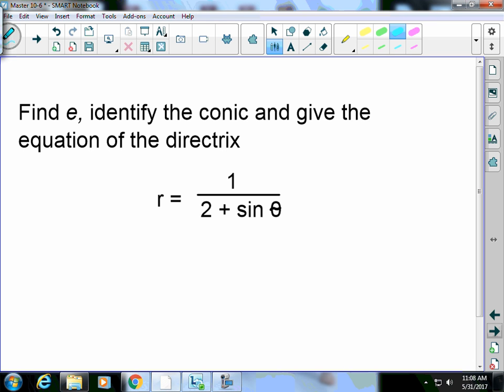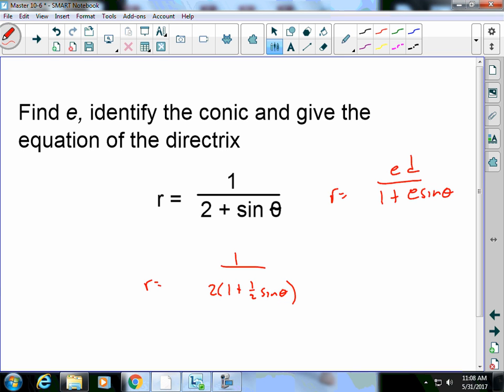So now it says find E, identify the conic section, and give the equation of the directrix. So again, standard would be R is equal to ED over 1 plus E sine theta. So I'm going to have R is equal to 1 over, factor out the 2, right?